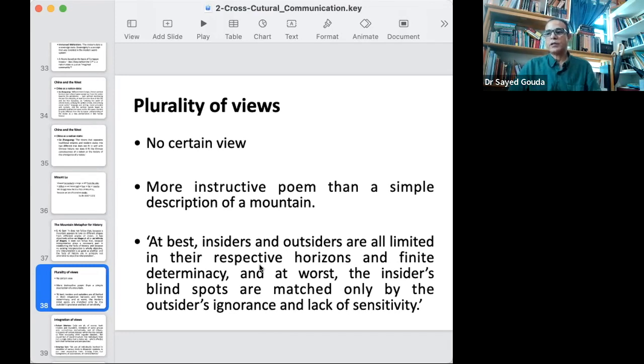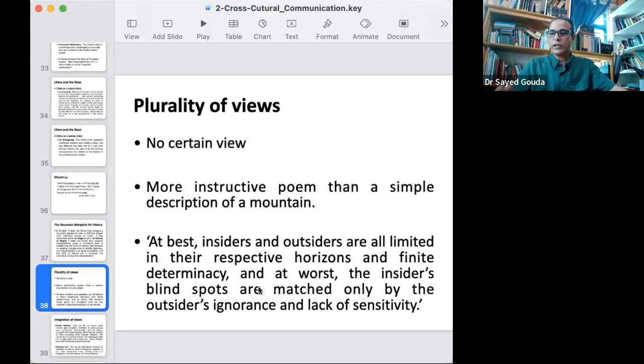And he says the poem is more instructive than a simple description of a mountain. Su Shi is telling us a message that there is no one true face of Mount Lu. Whether you look at it from a close distance or from far away, there is no one true face.